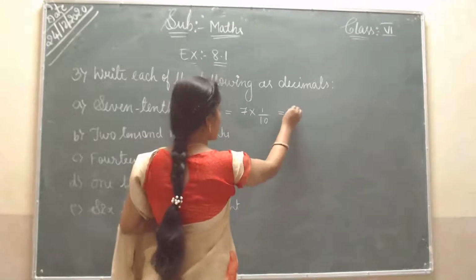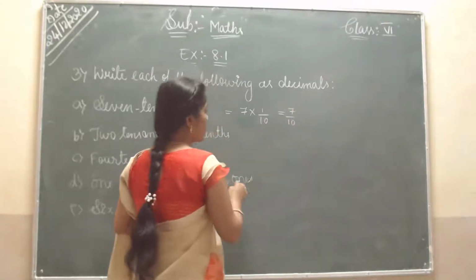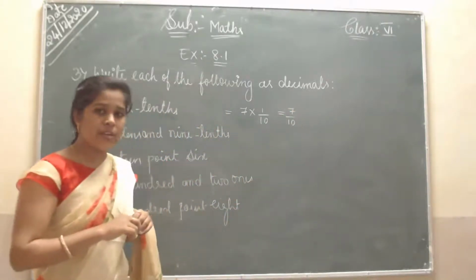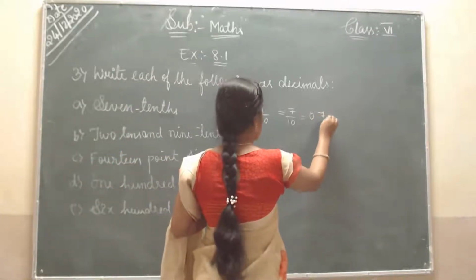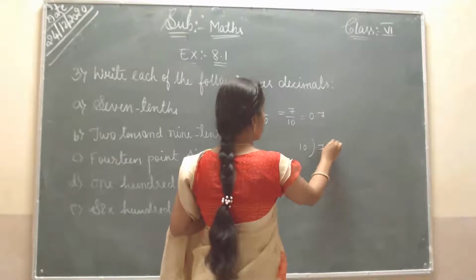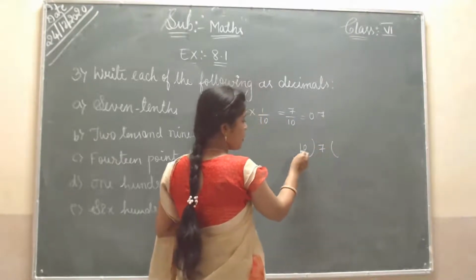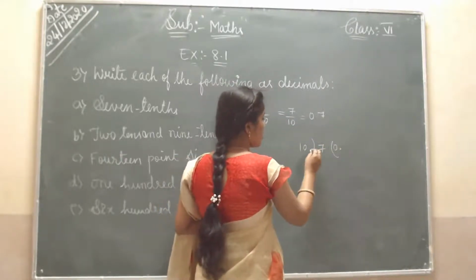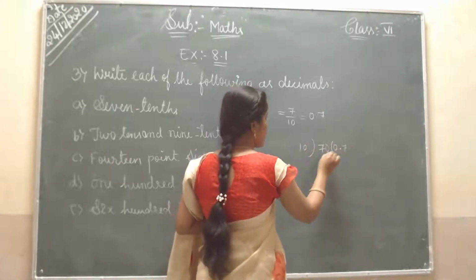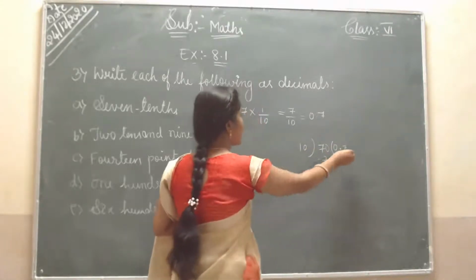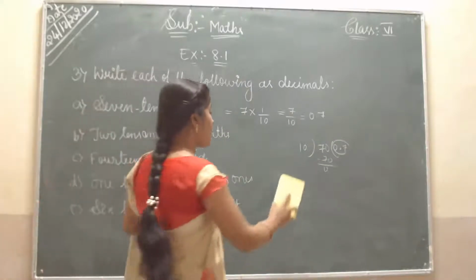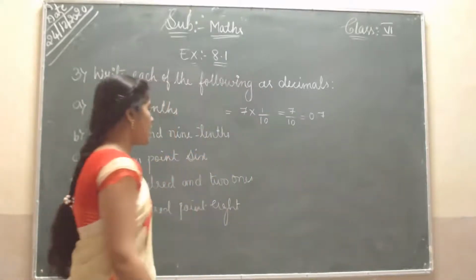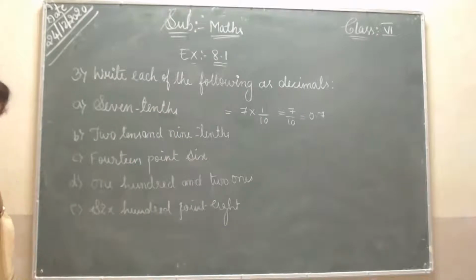Here 7 ones are 7, divided by denominator 10. So 7 by 10 is nothing but dividing 7 with 10. 7 is smaller than 10, so take decimal point 0. 10 sevens are 70. So you will get 0.7. 7 by 10 is nothing but 0.7.